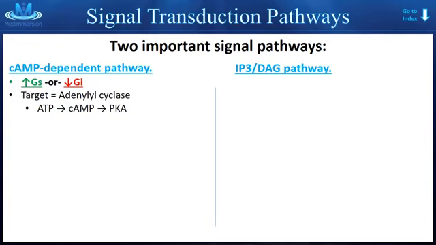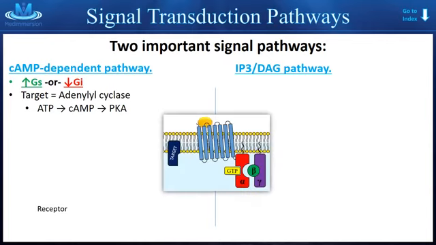I've already told you that the GS is stimulatory and the GI is inhibitory, but the rest of the pathway is the same. So we start with our G protein coupled receptor as the whole unit. When that receptor is stimulated, the alpha subunit exchanges GDP for GTP and then migrates along the membrane to act on its target enzyme.